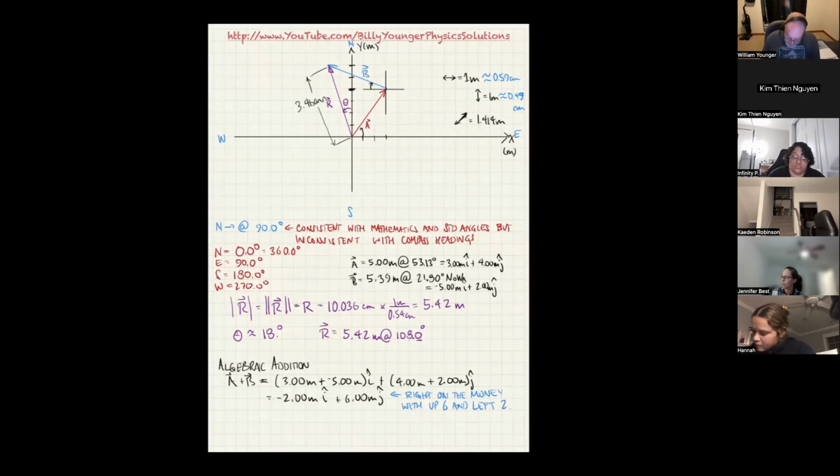Okay. Now we want it, because I gave you the vectors in magnitude and direction notation, we really want to return it in that same type of way.